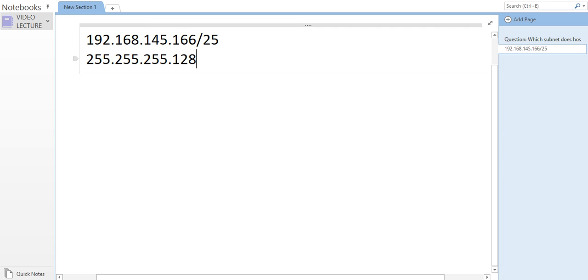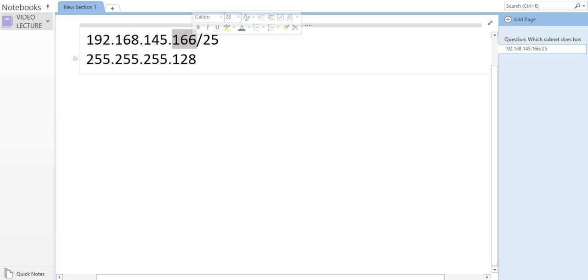So if I put 192 into binary and put 255 into binary, and I AND it, I will get 192. 168, if I AND it, I will get 168. 145, if I AND it, I will have 145. 166, that is the problem, because if I AND 166 and 128, that's the problem. So now I have to put 166 in binary because this is the last octet.